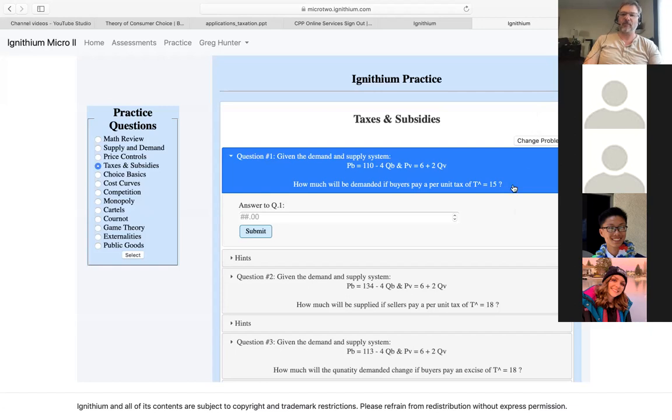So 10 minus 4 quantity minus 15, and then I set that equal to the supply. Are you still typing? Oh, okay. Okay, good. And then you solve for Q. Yeah, and then I solved for Q basically.